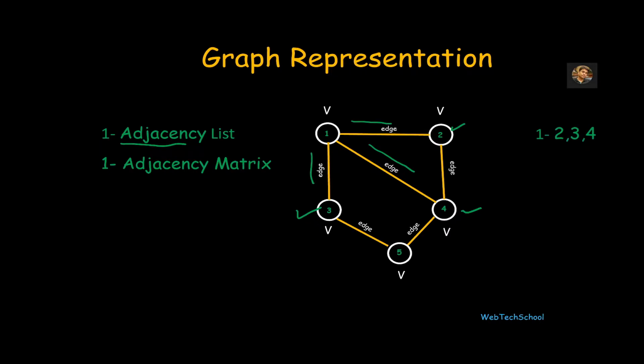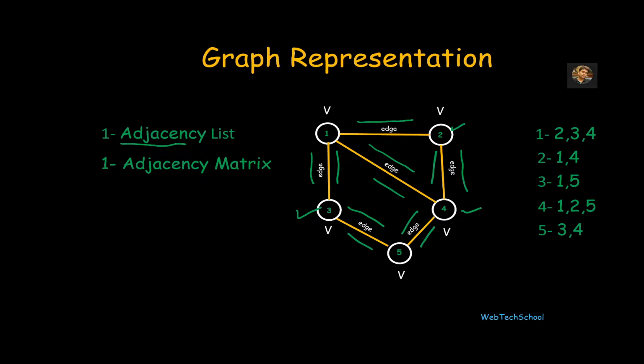Similarly, for vertex 2, we have an edge between vertex 2 and 1 and 2 and 4. So for vertex 2, we have 1 and 4. For vertex 3, we have 1 and 5. And for vertex 4, we have 1, 2, and 5. Similarly, for vertex 5, we have 3 and 4.